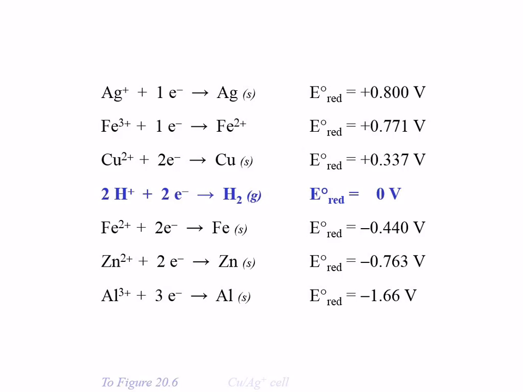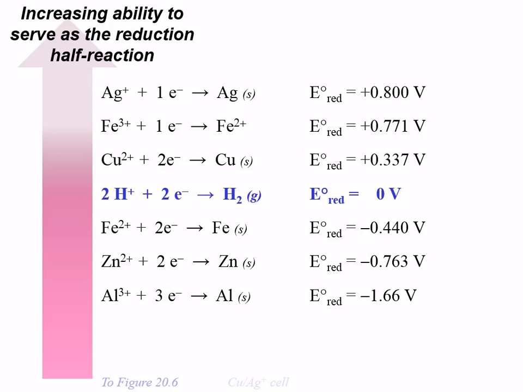These are a subset of what you saw on the tables. They are arranged from the highest half reduction reaction to the lowest. The point on this slide is that as you go up, you get stronger and stronger reduction half cells.